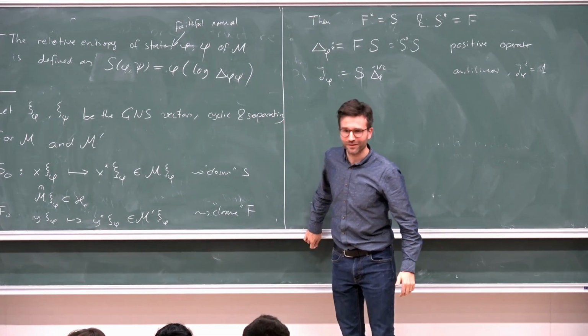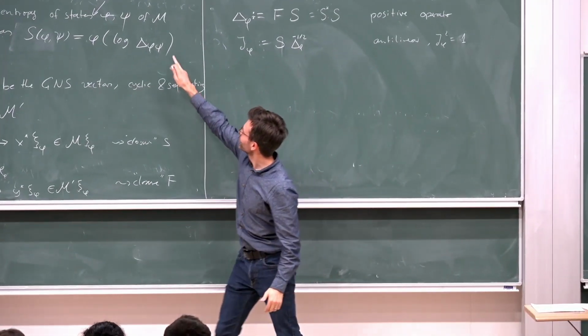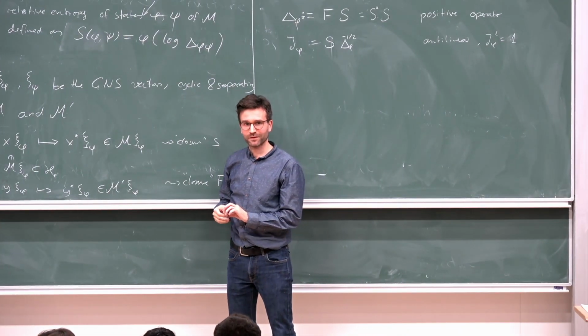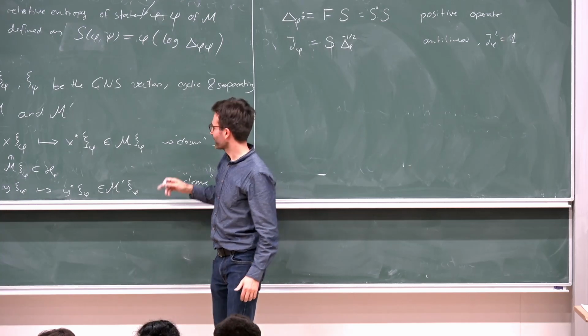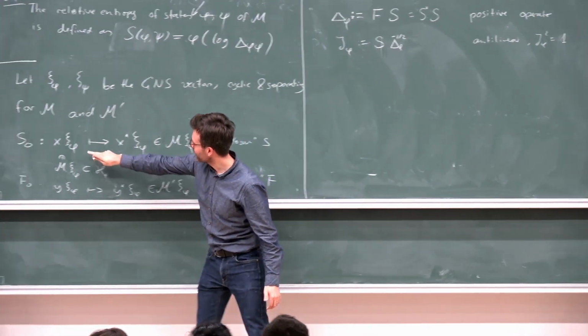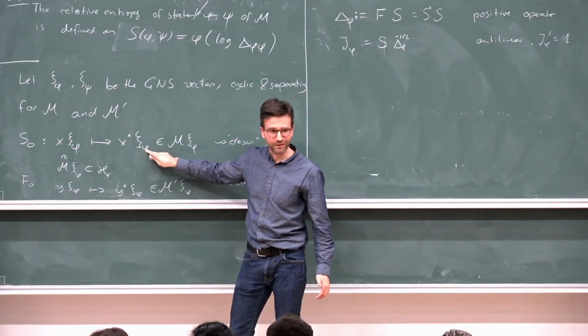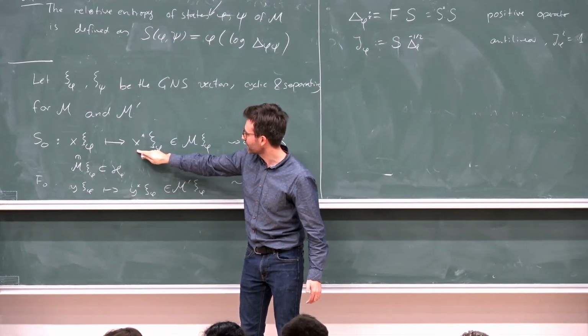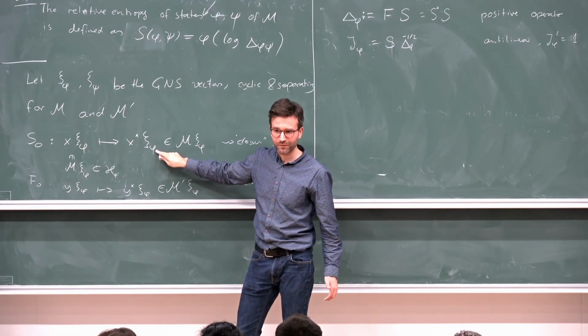How can we modify it? We've already had two states here, so we could change something a little bit. Namely, we could keep phi here, but put psi here. So we start with x psi phi, and we map that to x star psi psi.